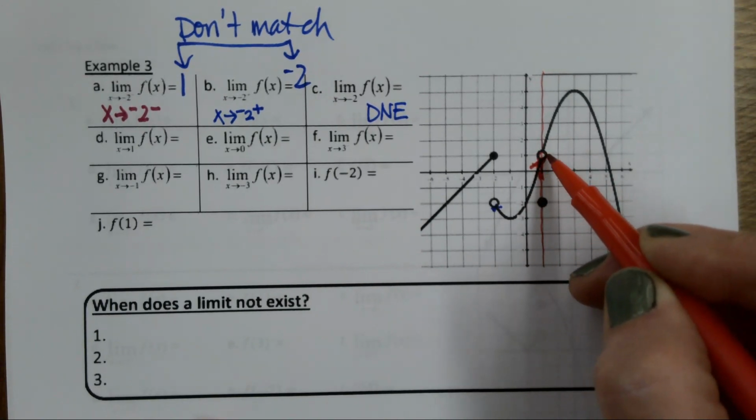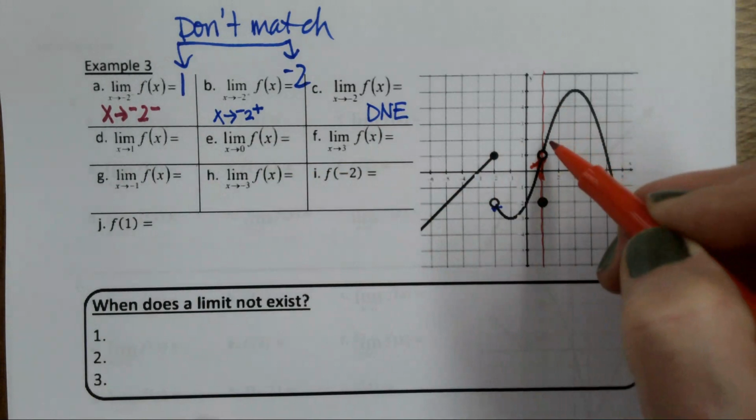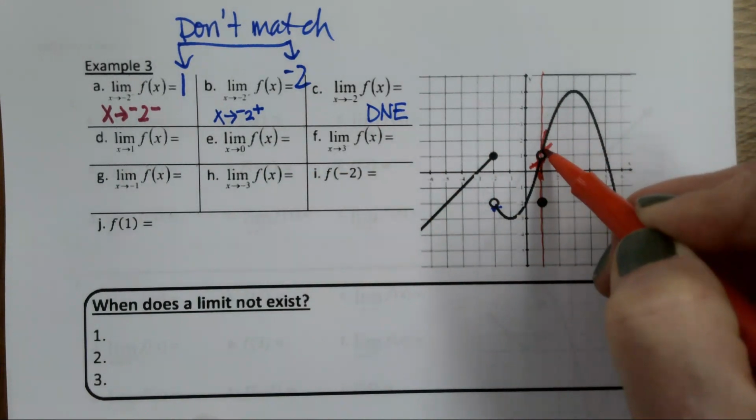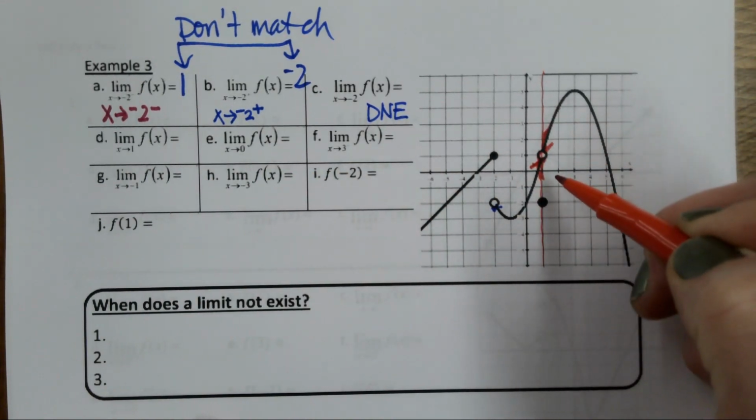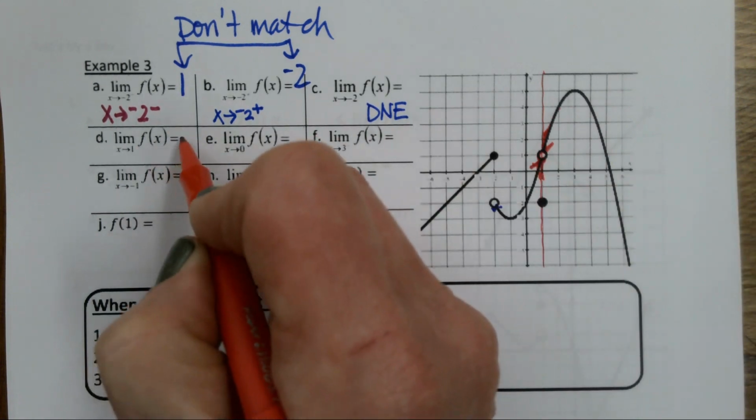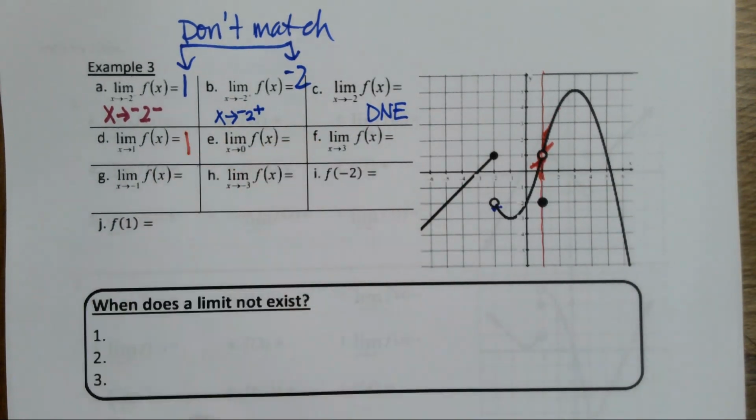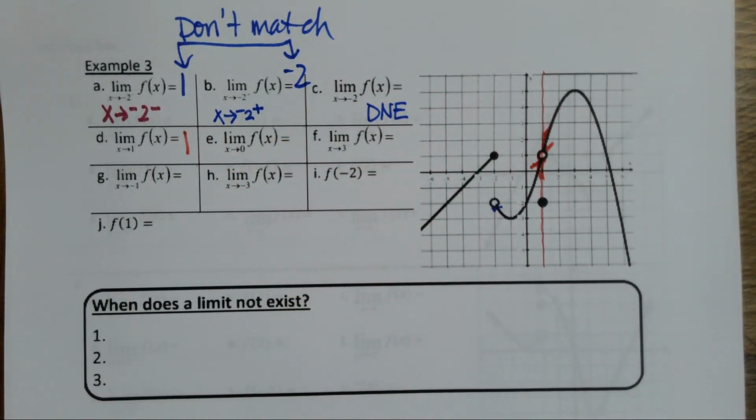To 1. If I could jump to the right and walk towards it, where am I headed? 1. What's my limit? 1. Did they meet? Yes. Did they meet at a value? No. No, they met at a hole.